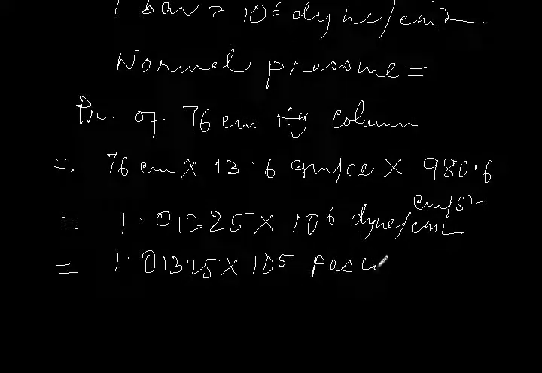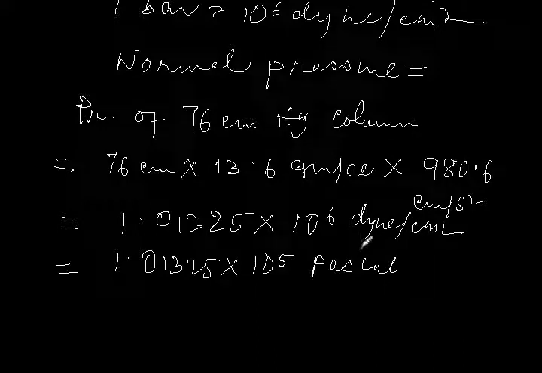I think you have understood that 1 Pascal equals 10 dyne per centimeter square. So 1.01325 into 10 to the power 6 dyne per centimeter square equals 1.01325 into 10 to the power 5 Pascal divided by 10. So this is the relation between normal pressure and Pascal and dyne per centimeter square.